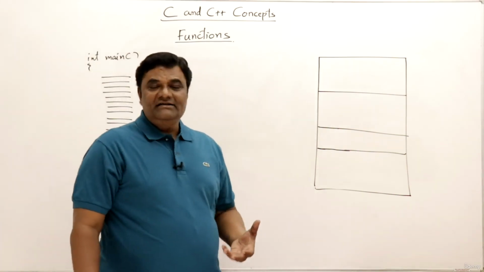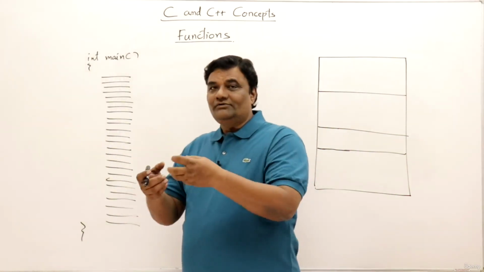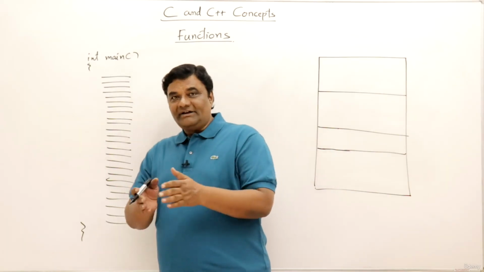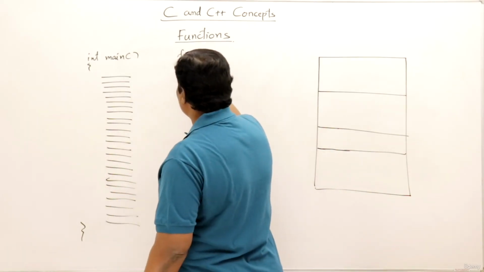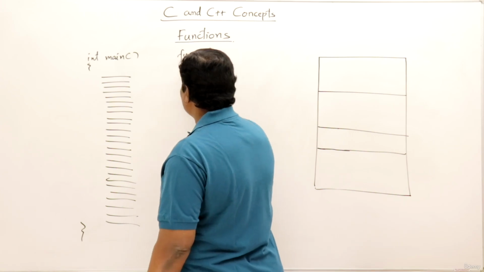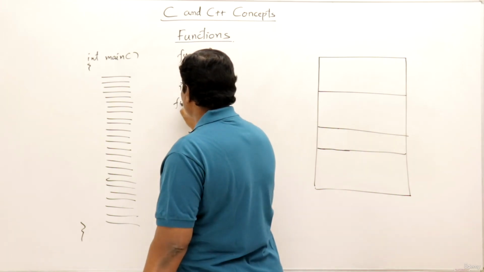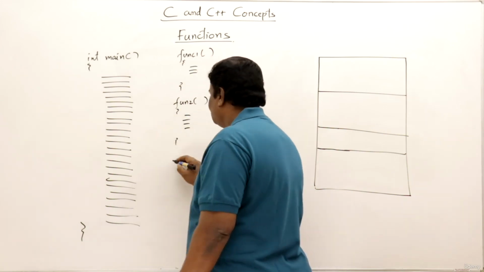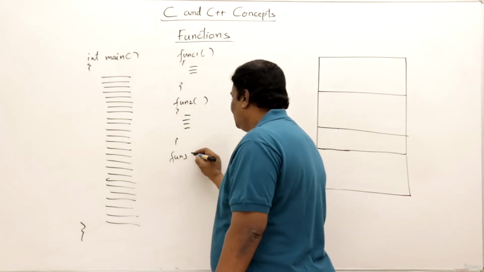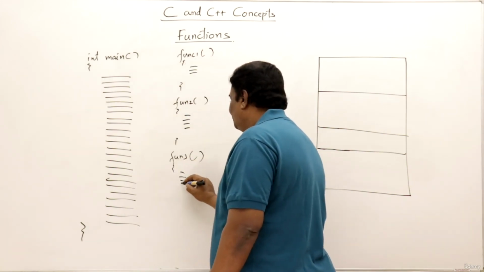So if we find that this program can be broken down into smaller tasks, we can break them in the form of functions. Like suppose first function, function 1, it may perform some task, and another function, function 2, performing some task, and similarly function 3 I can have, performing some task.